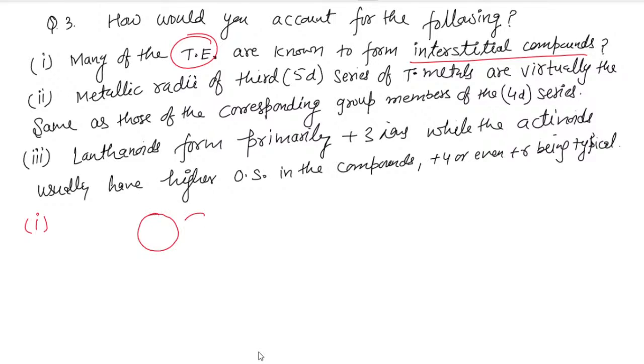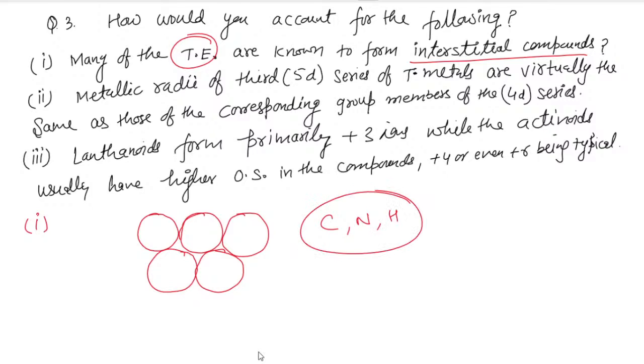Yes, very good. Transition elements are large enough, so when they form the lattice, small elements like carbon, nitrogen, hydrogen can be trapped in the interstitial sites in the lattice of the compound.